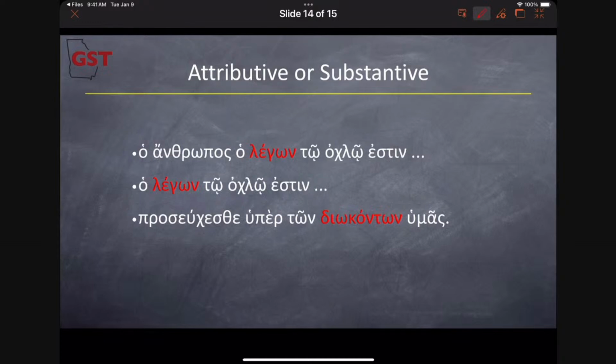All right. Now the second line, ha lagon to aklo esten. Same thing, but no ha anthropos. Now there's nothing for the article and participle to modify. It's in the nominative singular case ending.